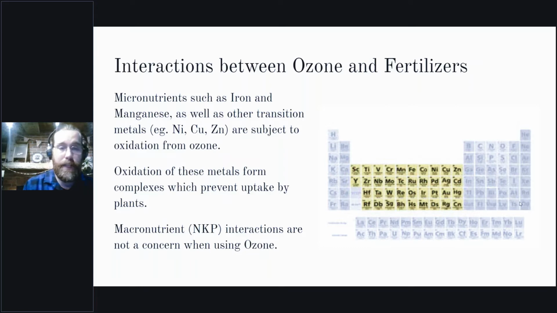So the oxidation of these metals form complexes which prevent uptake by the plants. They're no longer bioavailable. However, it's worth noting that the macronutrients, your NPK interactions, are not a concern when using ozone. Those are constituents in high concentration, which ozone will not have any significant impact on.